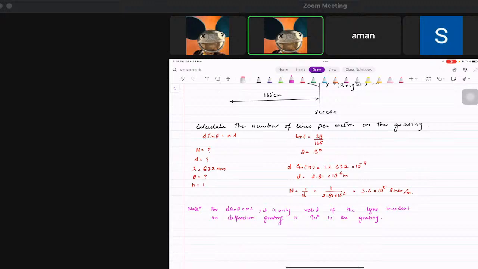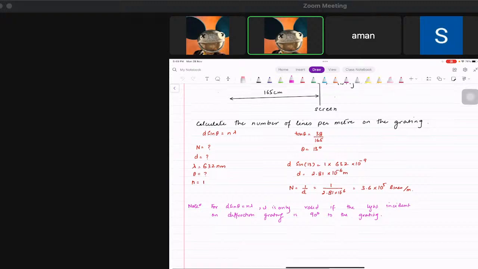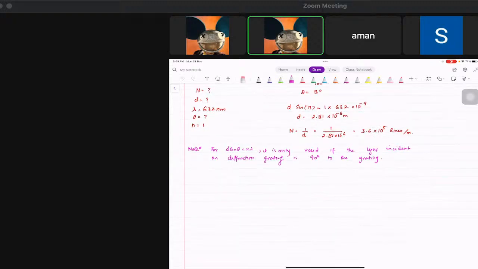Now there are certain cases that we're going to discuss, and hopefully we'll discuss at least one case and finish the whole thing by tomorrow.